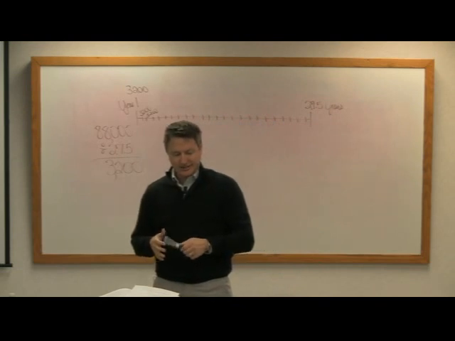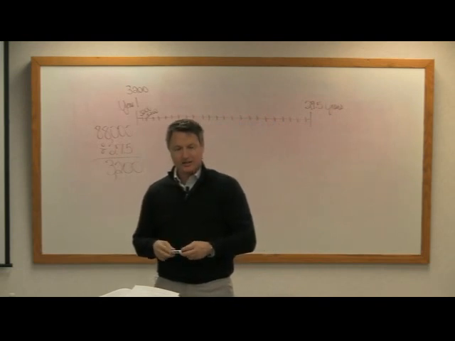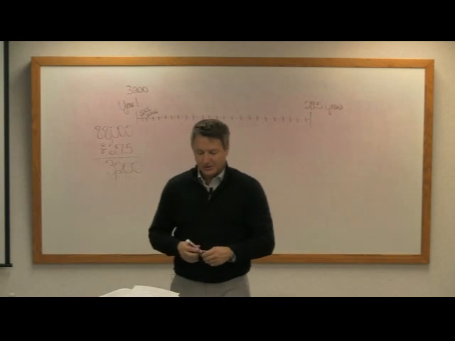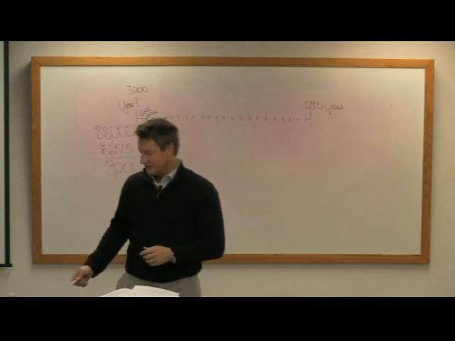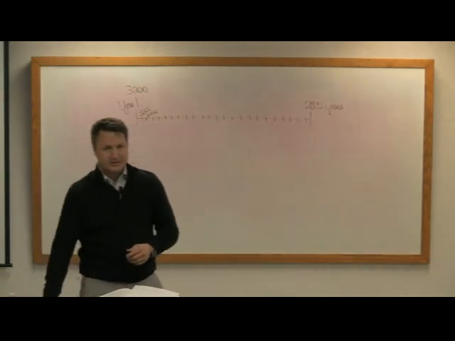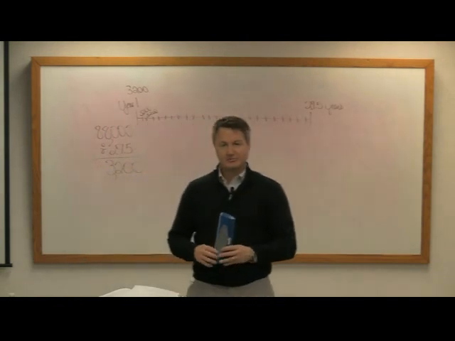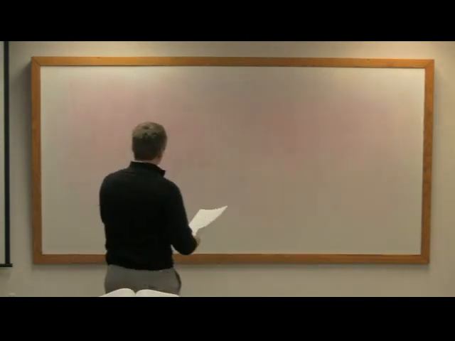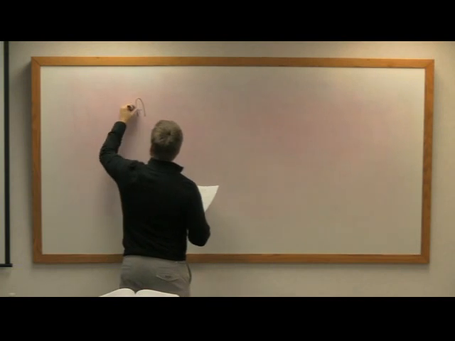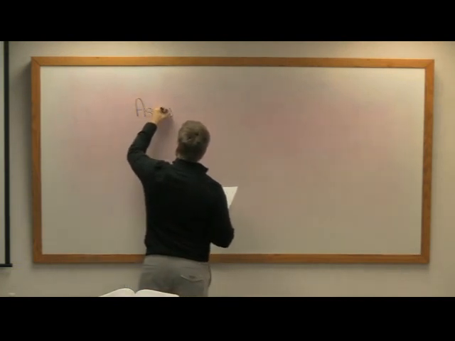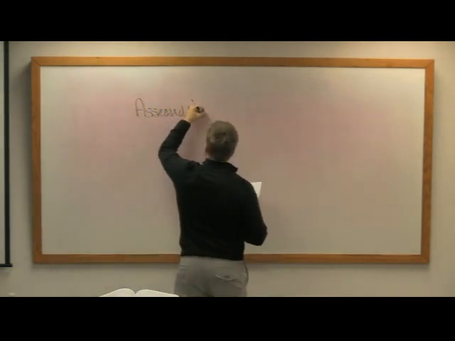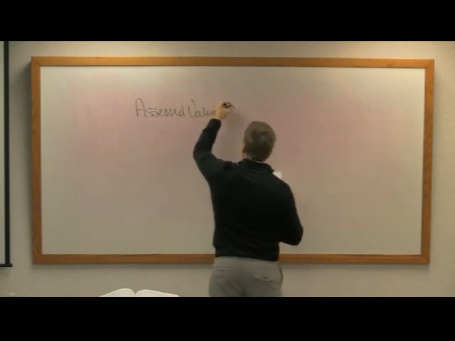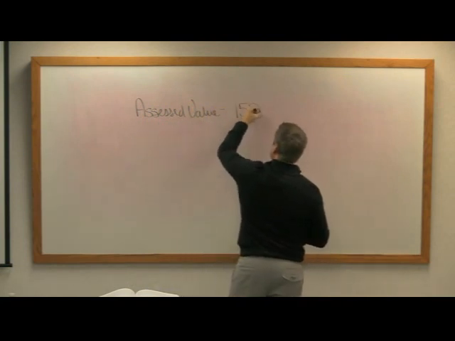His residential investment property is assessed at $150,000 and the land is valued at $40,000. What is his annual amount available for depreciation? So I'll give you a minute to figure that one out. So, the assessed value is $150,000.